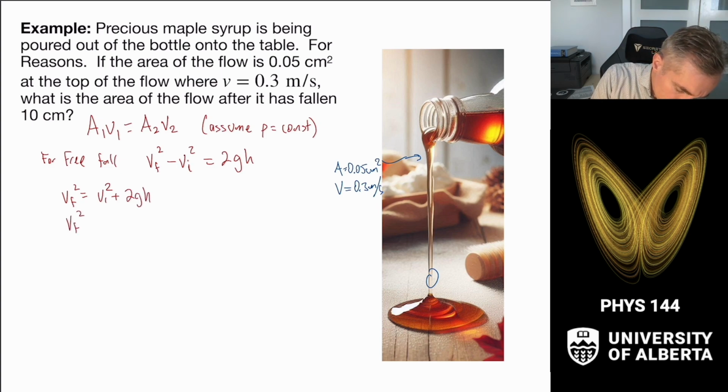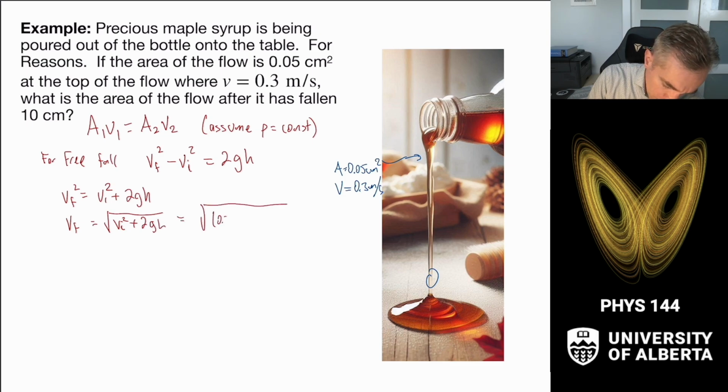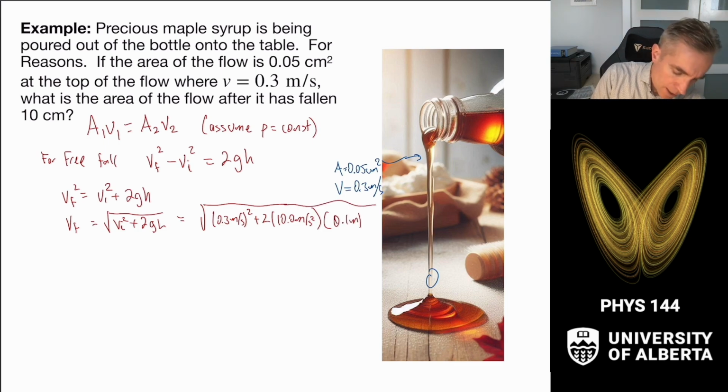And then we get that Vf is equal to the square root of Vi squared plus 2gh, and then I can just plug in that Vi here is 0.3 meters per second, quantity squared, plus 2 times g, 10 meters per second squared, times the height that it falls down, which is 10 centimeters, 0.1 meters, there, and come out with this to be 1.44 meters per second.